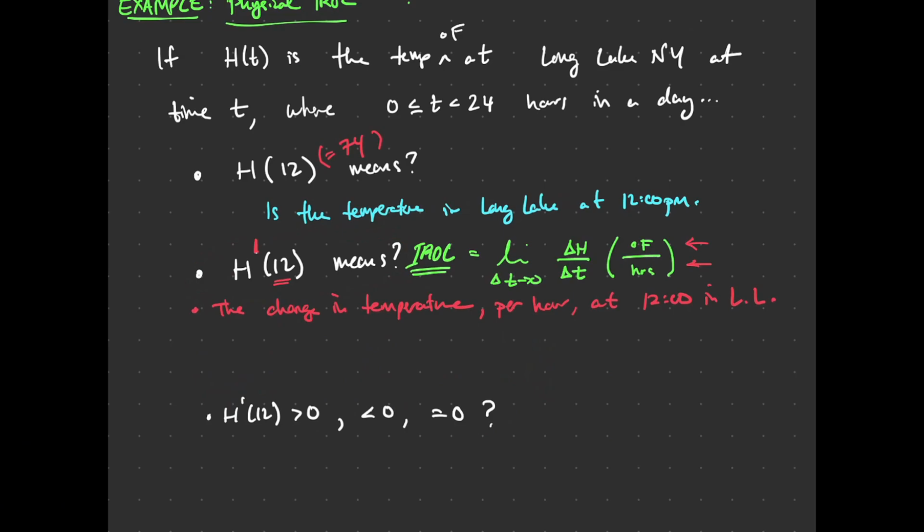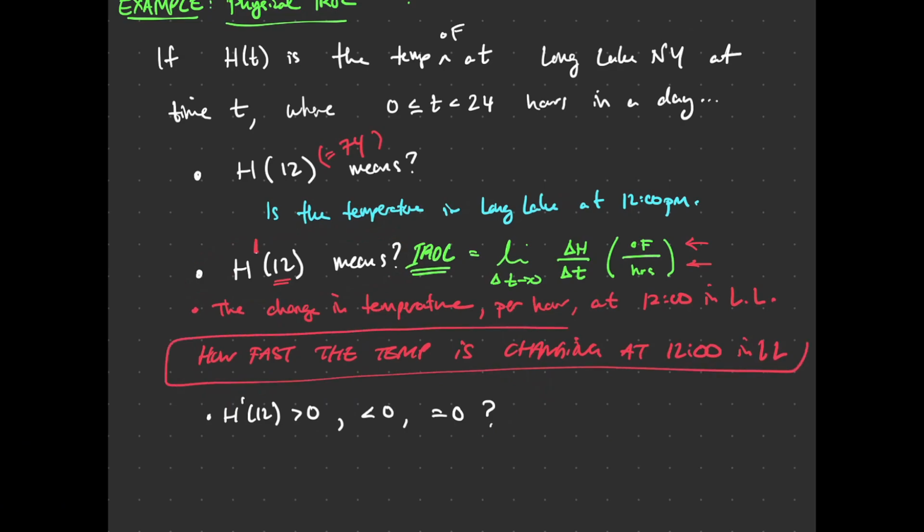We'd say how fast the temperature is changing, right? At 12 o'clock in Long Lake. That's what this means. And it has the units of degrees Fahrenheit per hour.